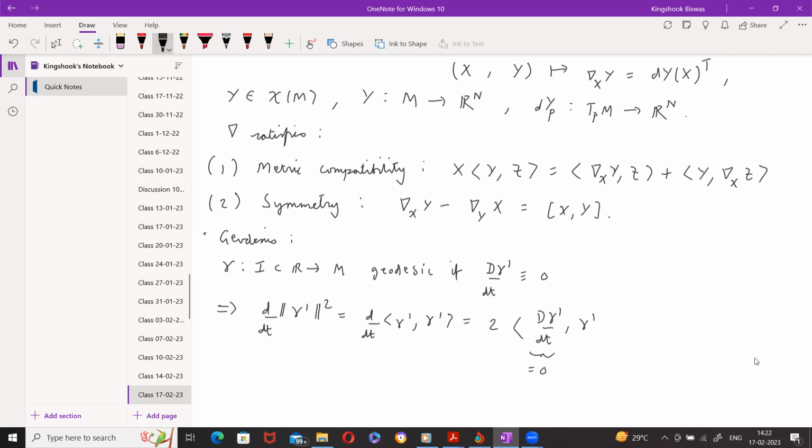If gamma is a geodesic, this is 0. So that implies that norm gamma prime is constant. Okay. So any geodesic has constant speed. Okay.